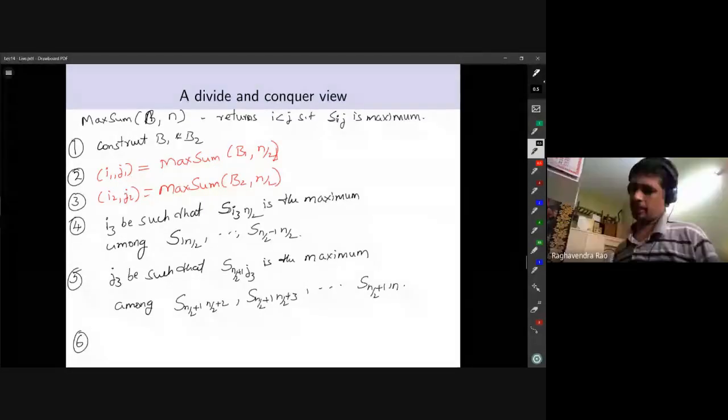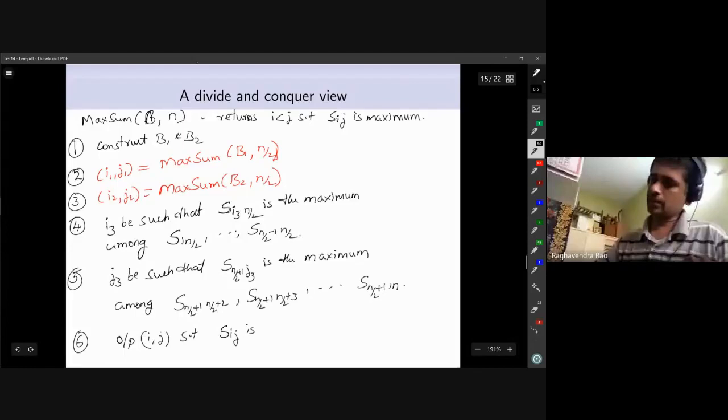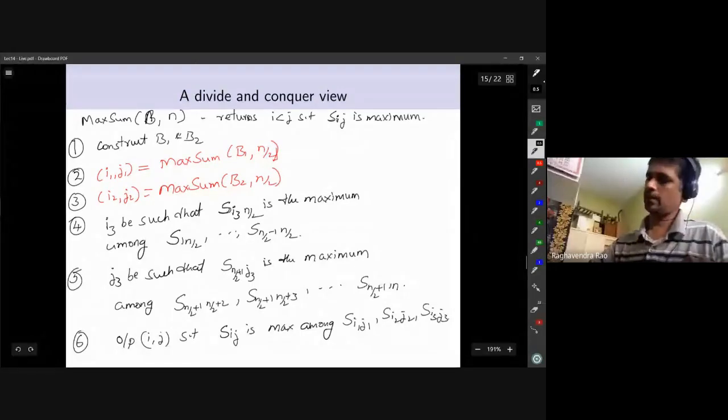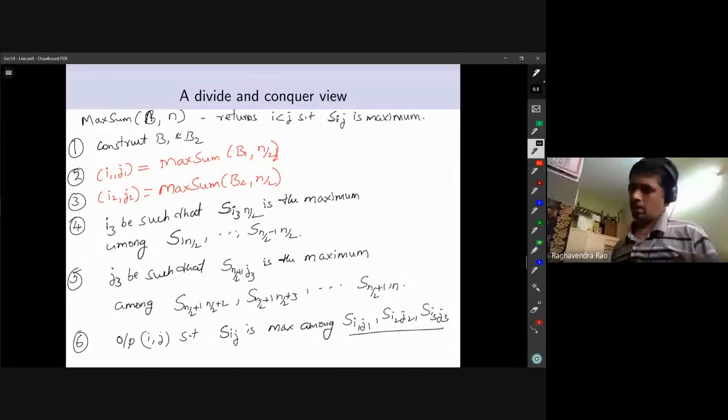Yeah, so you just consider, so output i j such that S i j is max among S i1 j1, S i2 j2, S i3 j3. That is all. So this is the implementation of the idea.